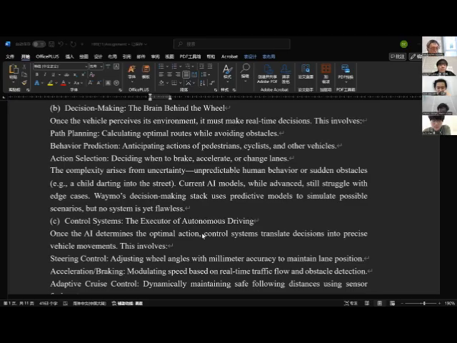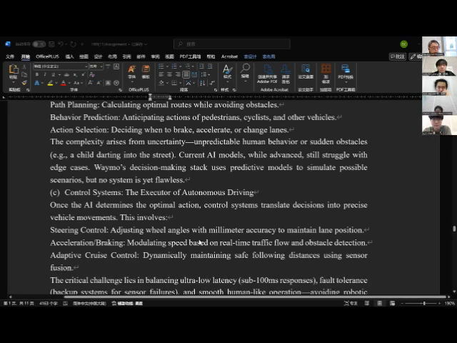The complexity arises from uncertainty, unpredictable human behavior, or sudden obstacles. Current AI models, while advanced, struggle with edge cases. Waymo's decision-making stack uses predictive models to simulate possible scenarios, but no system is yet flawless.